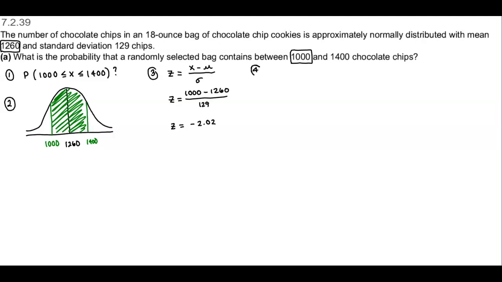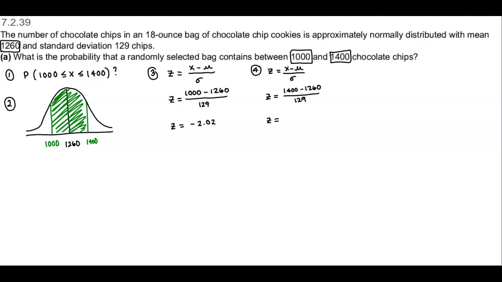Now we also need to find the z-score for when it is equal to 1,400. Again, using the same formula, z is equal to x minus mu over the standard deviation. We have z equal to 1,400 minus 1,260, and we divide that by 129.